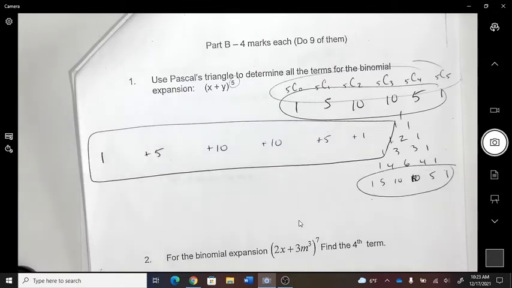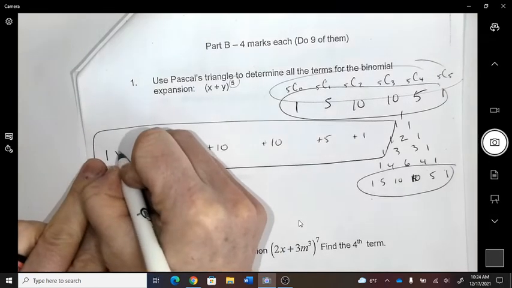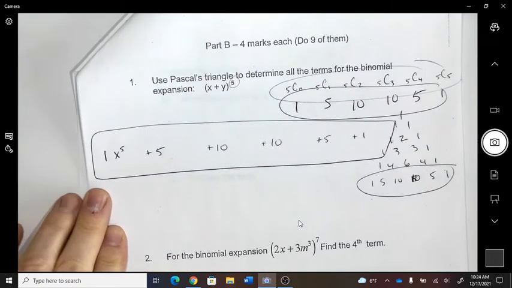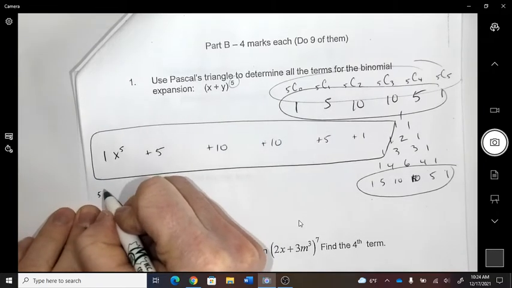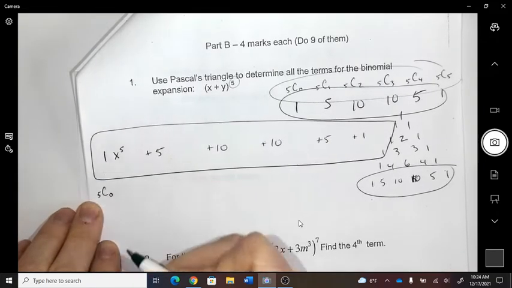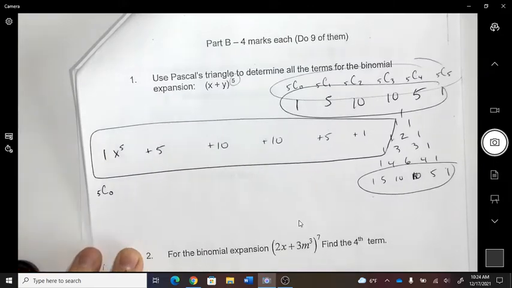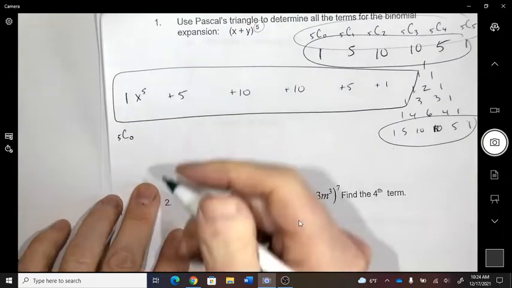Okay, what's going to go on with my variables? So on this first one, I have x to the 5, no y's. Here's why, because that would be the part of the formula.